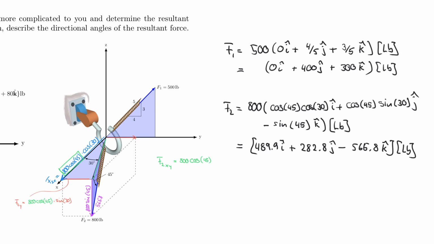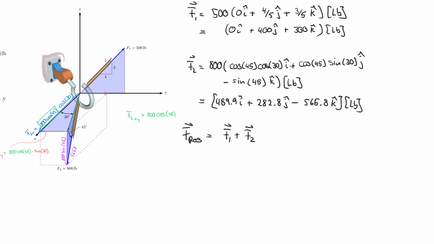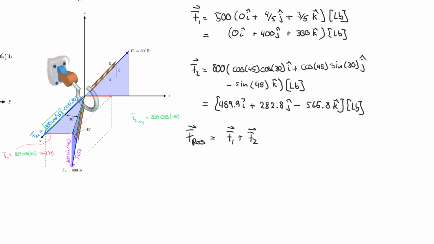Now, last but not least, to find F resultant, I have to find the sum of F1 plus F2. And of course, I shouldn't forget that these are vectors. So now all I have to do is combine the i, j, k components. So let's go ahead and do that.